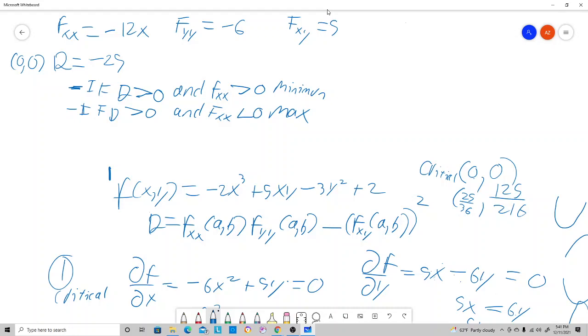And then if D is less than 0, then we have a saddle. And if D is equal to 0, then the test is inconclusive, and we cannot determine this with this test.